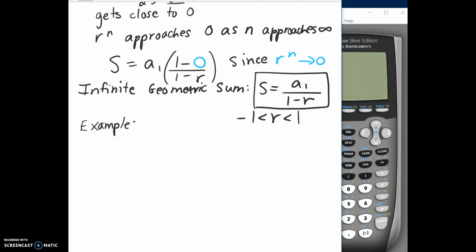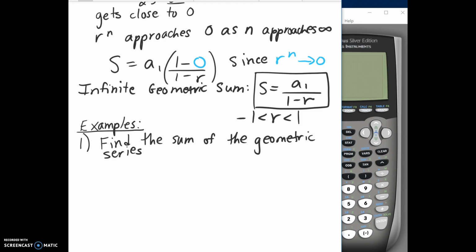In the examples, we are not going to look at any applications, but you will be applying this to some situations as well. So first example, find the sum of the geometric series 2 plus 4/3 plus 8/9, and then so on.